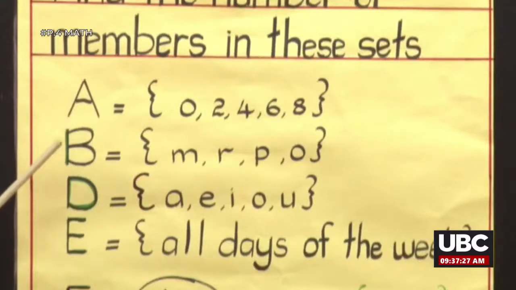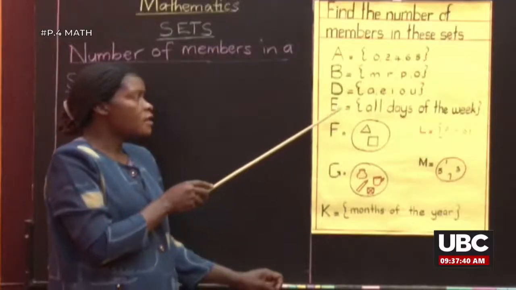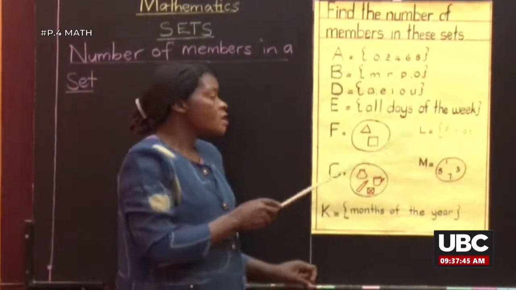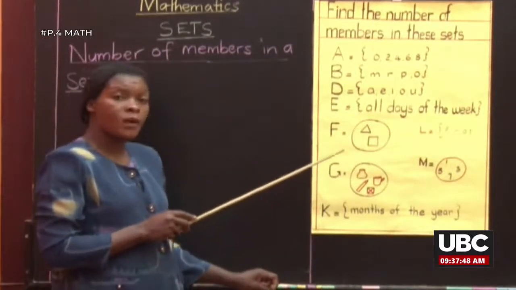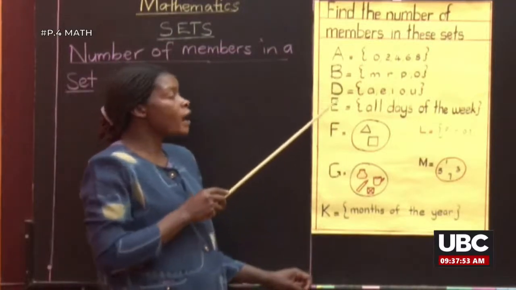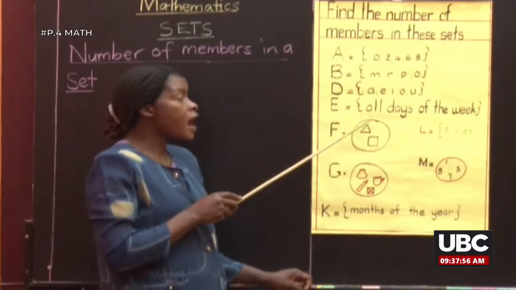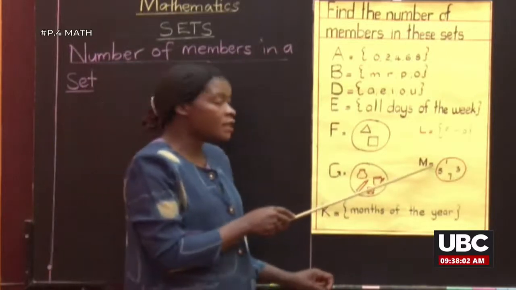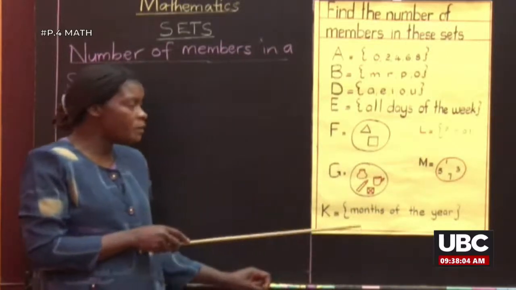Remember, we name a set using capital letters of the alphabet. The first four sets are different in the way they have been written from the others. The first ones use curly brackets, and these ones use diagrams.